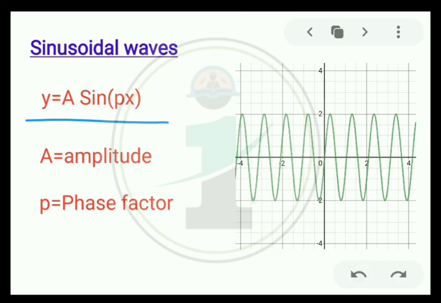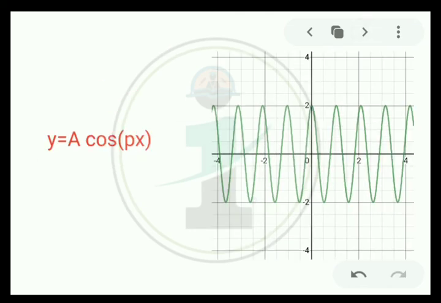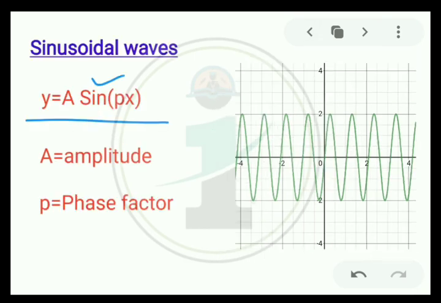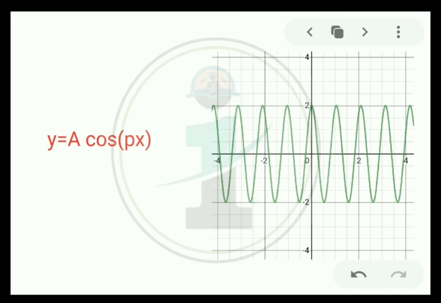Now if I convert this sine to cos, then it will just be shifted. You can think that if I consider the positive x-axis, the sine curve starts from 0, but for cos px, the curve starts from 2. So this is the only change, and there are no other changes.